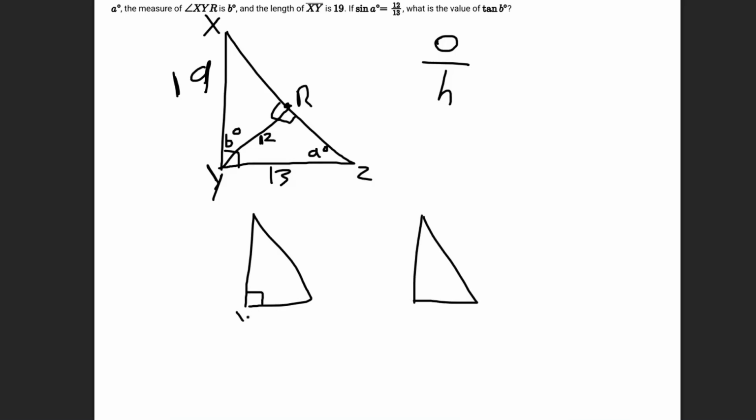Right angle at R, with vertices Y, X, and Z, Y. The hypotenuse is 13, and this side is 12, opposite from A. For this one, B is the angle at Y, and XY, the hypotenuse of this triangle, is 19.